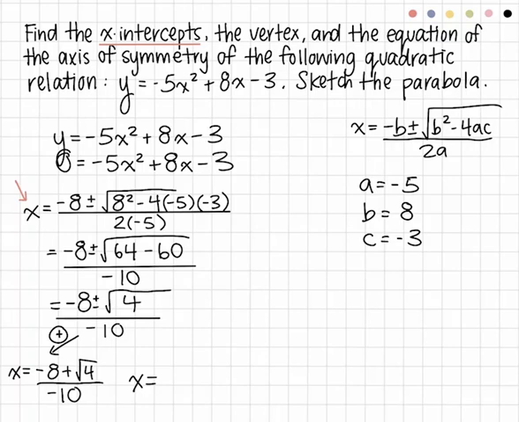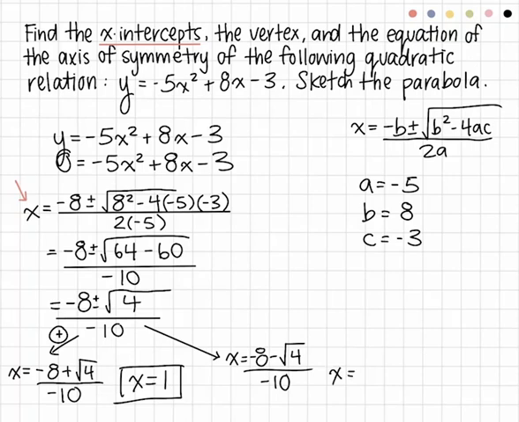That's going to give you x equals 1. And then over here, I have x equals negative 8 minus the square root of 4 over negative 10. So x is going to be equal to 3 over 5, which I'm also going to write as a decimal, 0.6.